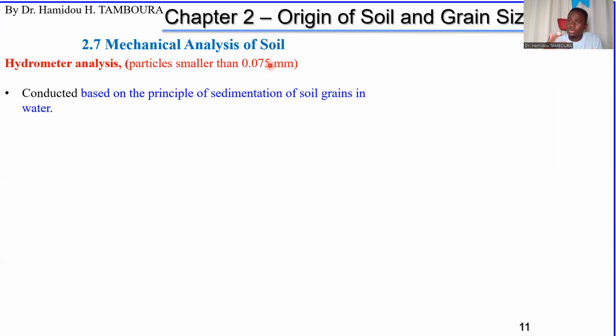It means if you put soil in water, the soil grains will settle, they will sink in the water, and different diameters mean different weights and will sink differently. The speed of sinking will not be the same.